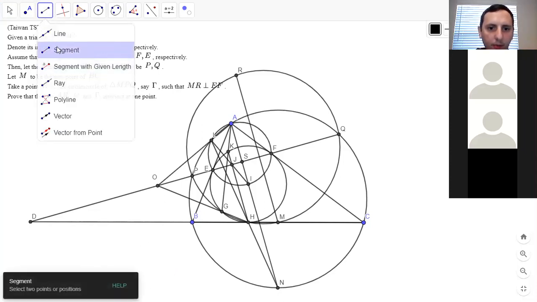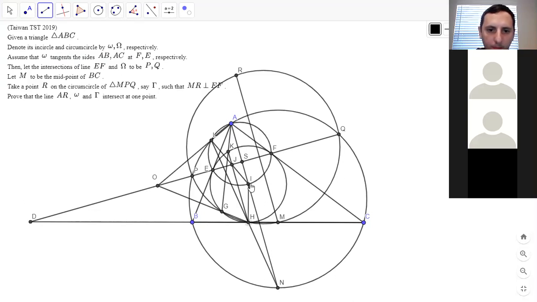I don't know if that helps. I wonder if PMQR is harmonic.